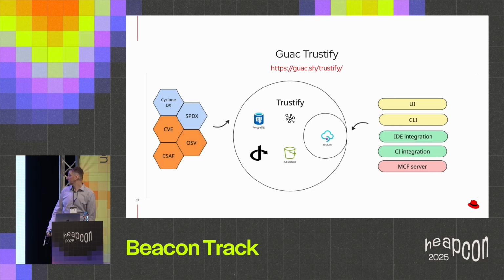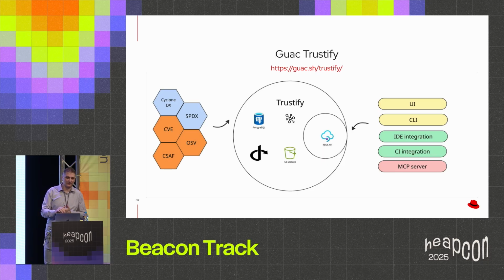So now coming to a project that I'm working on, and basically it's trying to make sense of all these things together, right? So we have a lot of sources of data. We have different SBOM repositories where we get information about the products. We have CVEs, we have OSV files from different sources, CSAF files, and all those things on their own are a lot of data and no useful information.